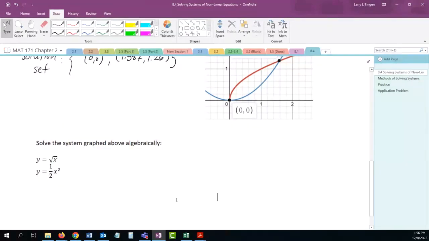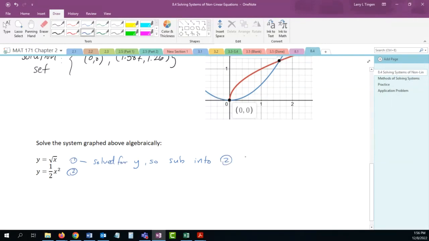Okay. Well, algebraically, what would I do? Well, treat it just like we did before. This is equation 1, this is equation 2. Equation 1 is solved for y. So sub into the other equation.